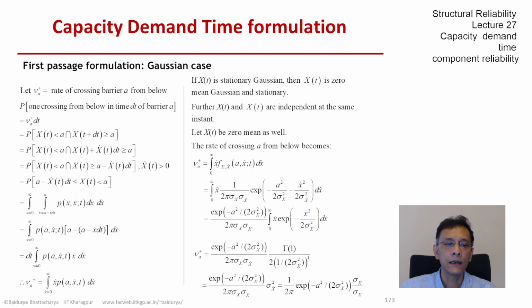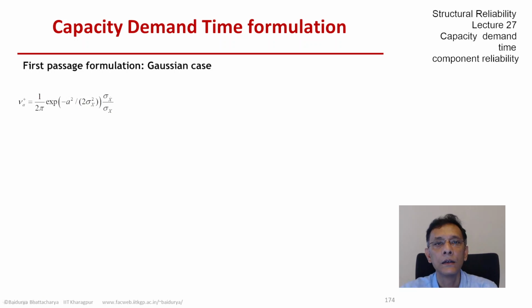So that gives us the rate of crossing of our barrier A by the stationary zero mean Gaussian process x of t.